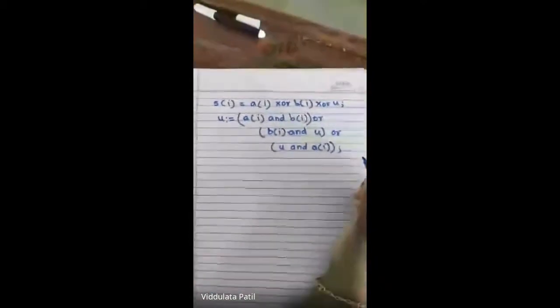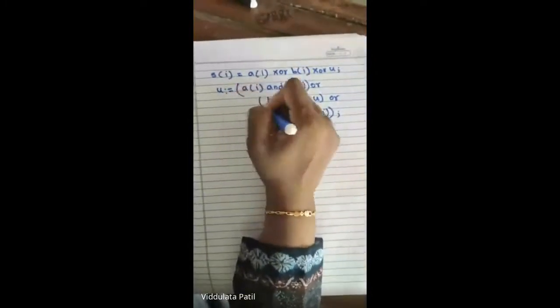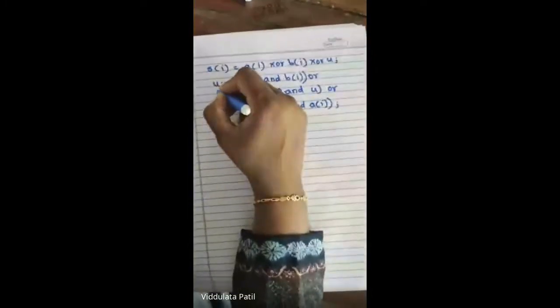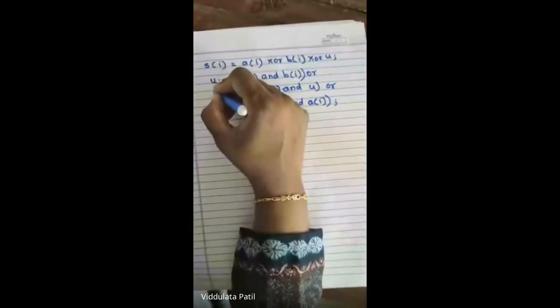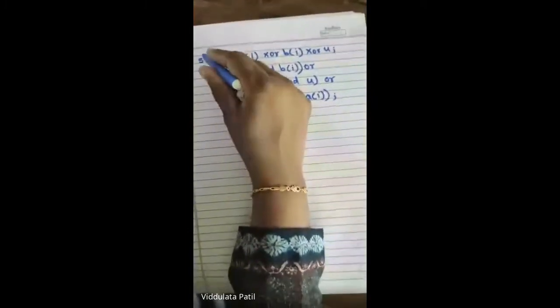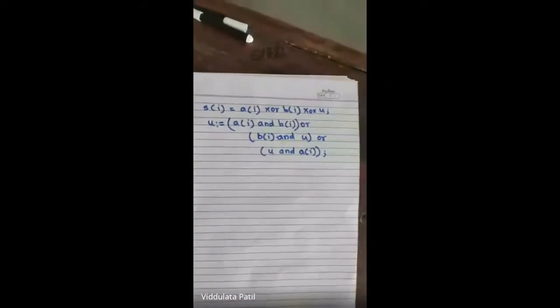Now what will this expression do? It will assign the result of this expression to U. That means it will be considered as the C out for that full adder, and then we will be using that for the next loop.